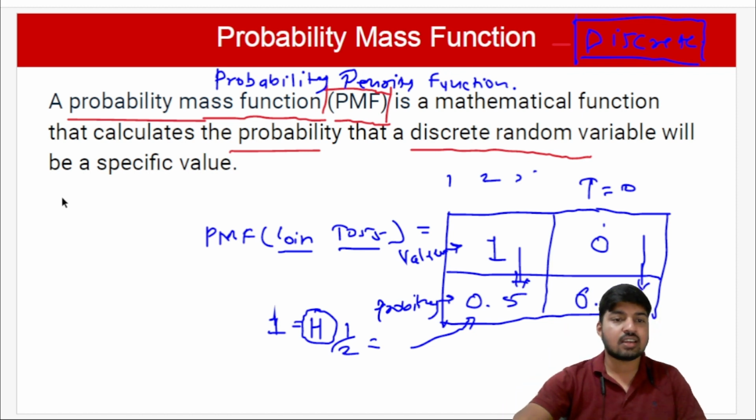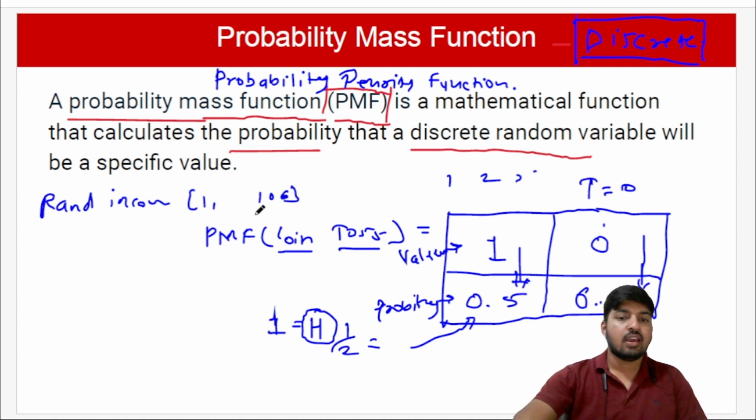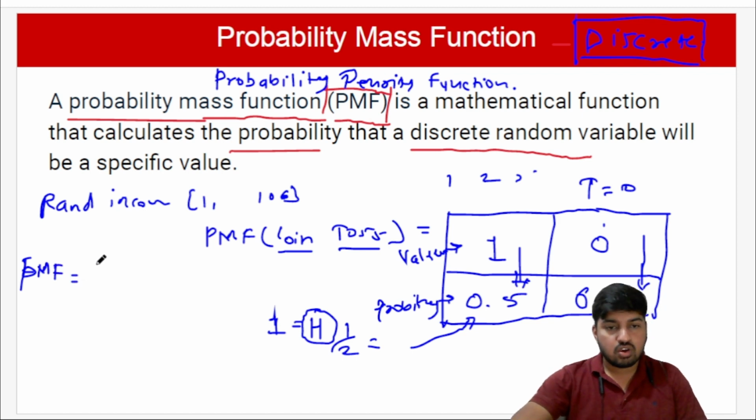I will only talk that I am having random variable of income, it will have the range from 1 to 100, and I will tell that it is PMF, it is having PMF with 1 into what is my income divided by 10,000.